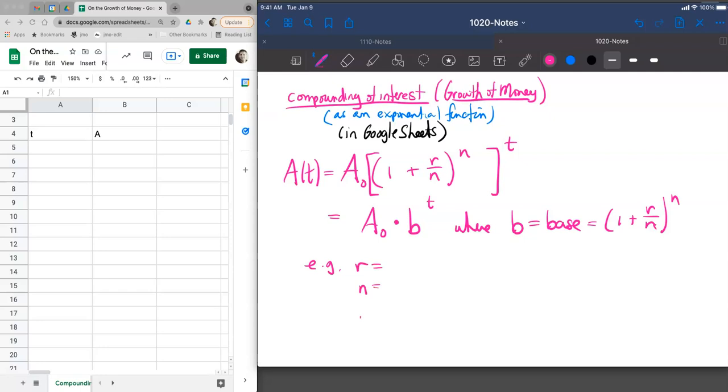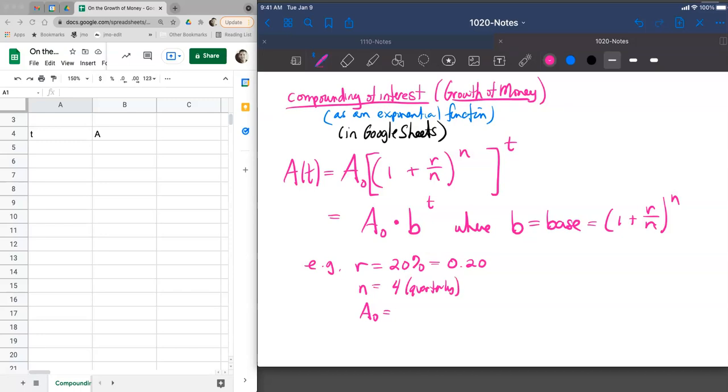Okay, so by way of example, we might be able to take an r and an n value and an initial amount of money problem and turn that into an exponential function. So if we say, for example, that our interest rate is 20%, just for a mathematical number to give, not a realistic interest rate, but an interest rate that we convert to a decimal. And let's say that the number of compoundings is 4. This would be called quarterly compounding.